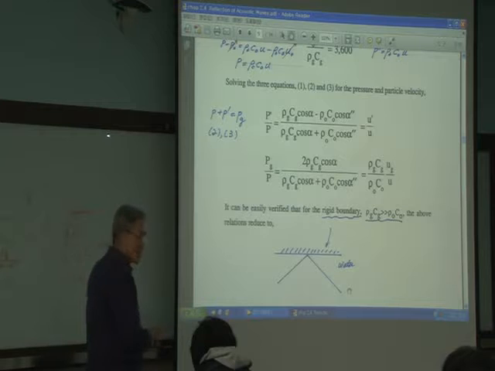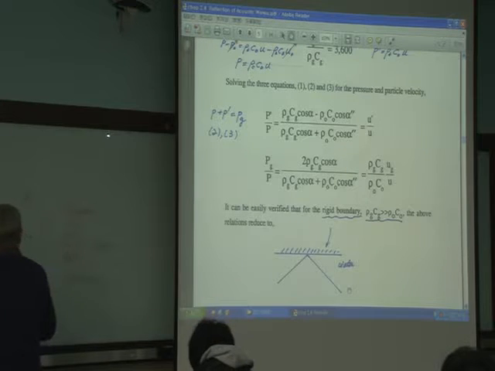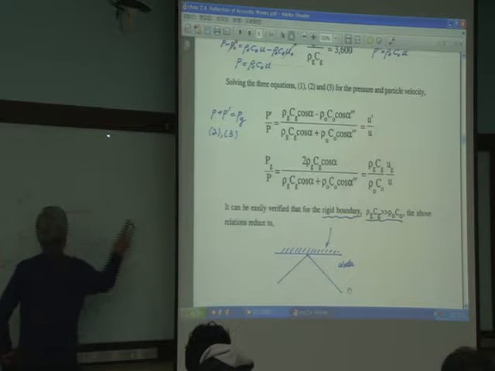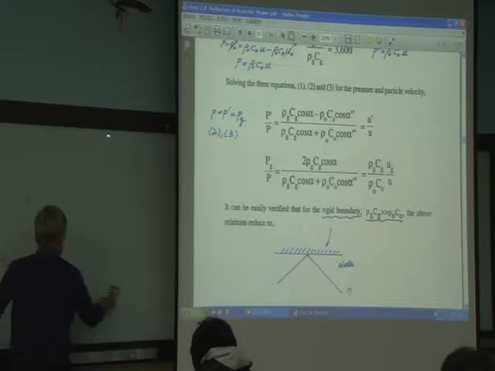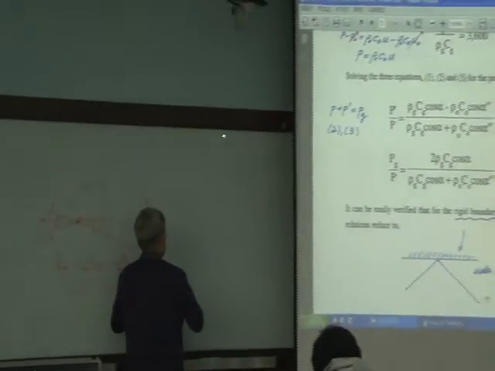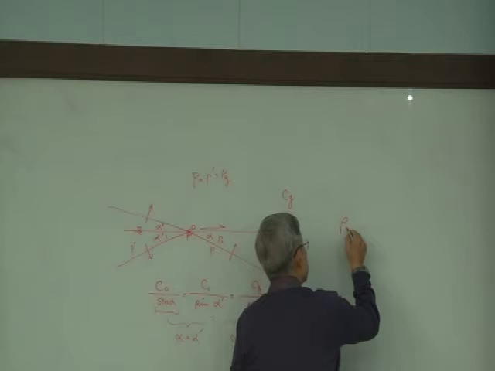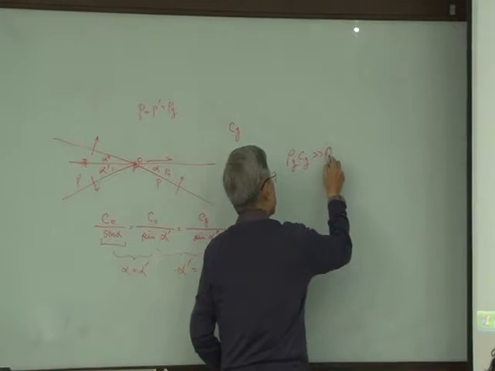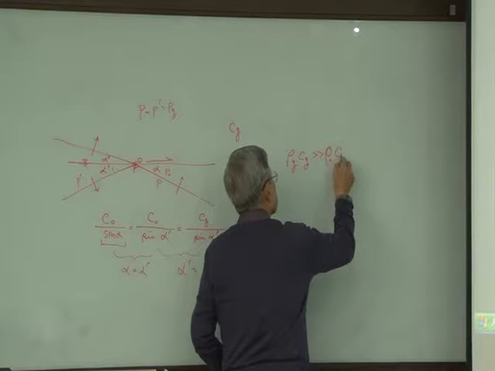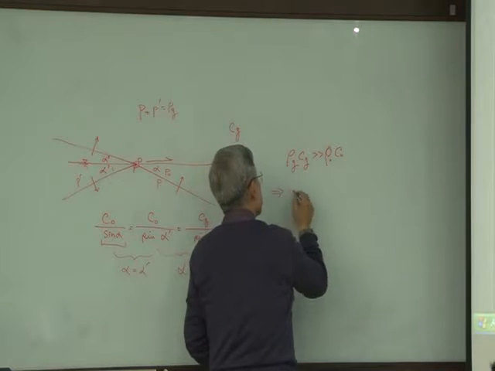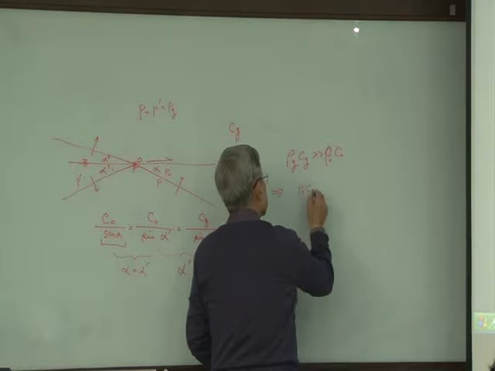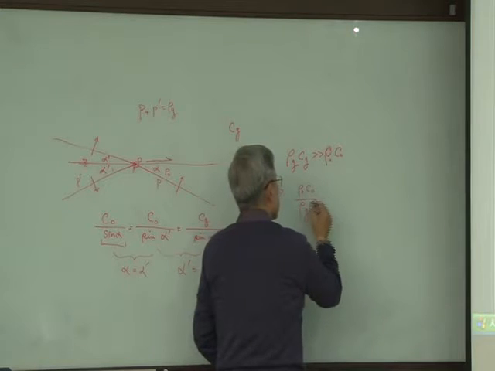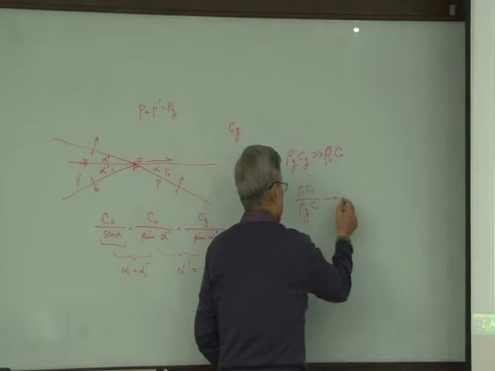0, right? Because we are going to replace for the case where rho g Cg is really higher than rho naught C naught, which really means rho naught C naught over rho g Cg is approaching what?